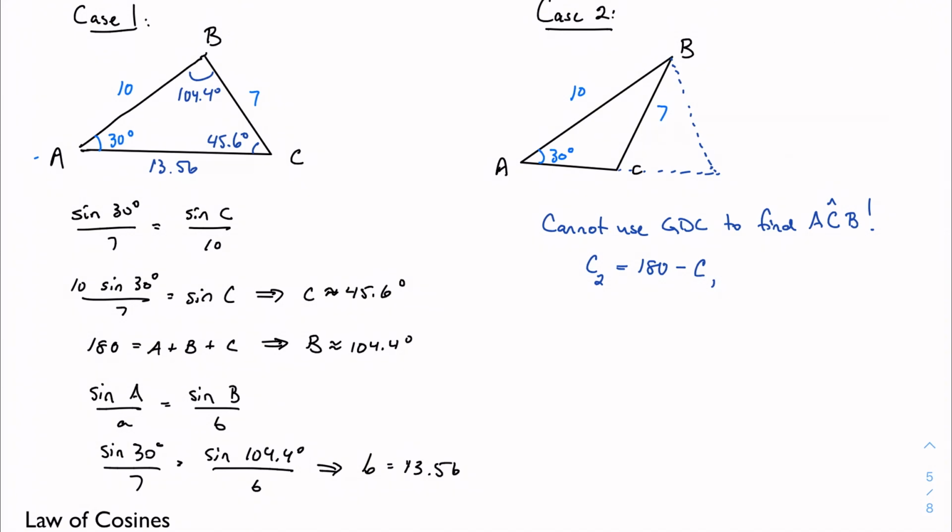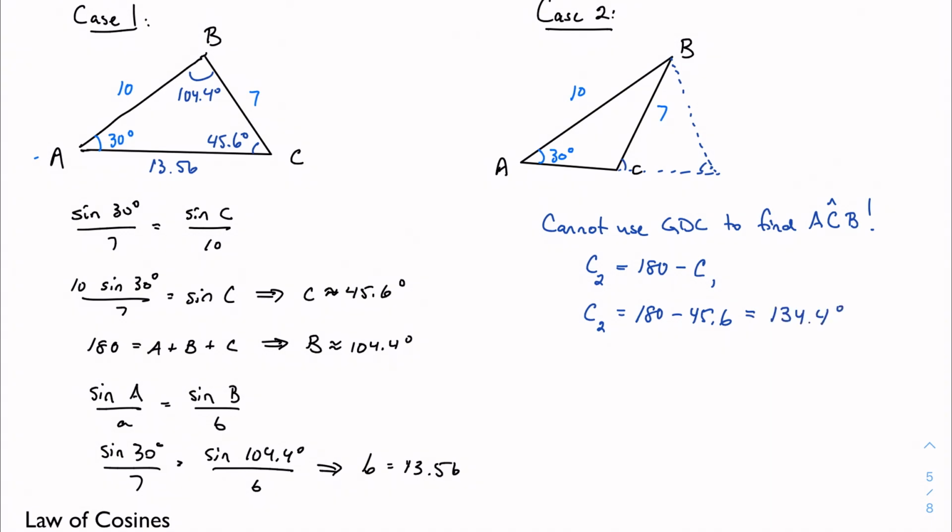So these angles are the same. This is a straight line, so 180 minus C gives me my obtuse case. So my new angle C is 180 minus 45.6. So my new angle C is 134.4.